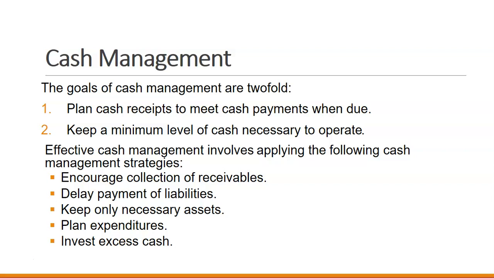How can we delay payments of our liabilities so that we're paying them on the last possible date? We don't want to pay them so fast that we didn't take the time to earn interest on that cash, but we do want to pay them in a timely manner so we don't have any penalties for paying late.